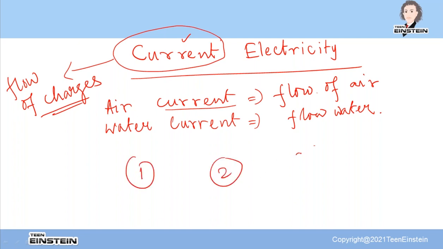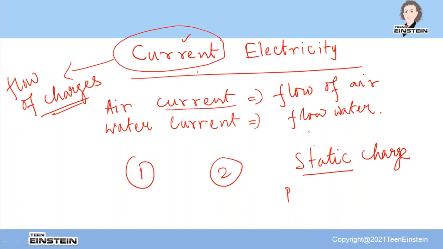In the first and second chapters we dealt with static charges. In the first chapter we learned electric charges and fields, and in the second chapter we learned potential and capacitors. Even though in the capacitor there was flow of charges while charging and discharging, that phenomenon comes almost under the static part.